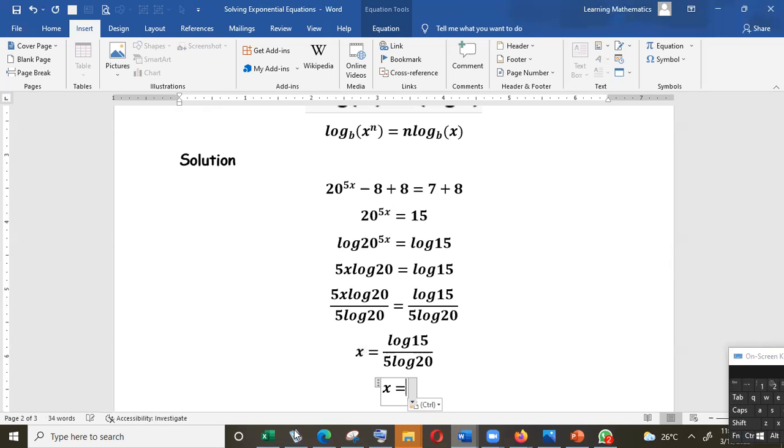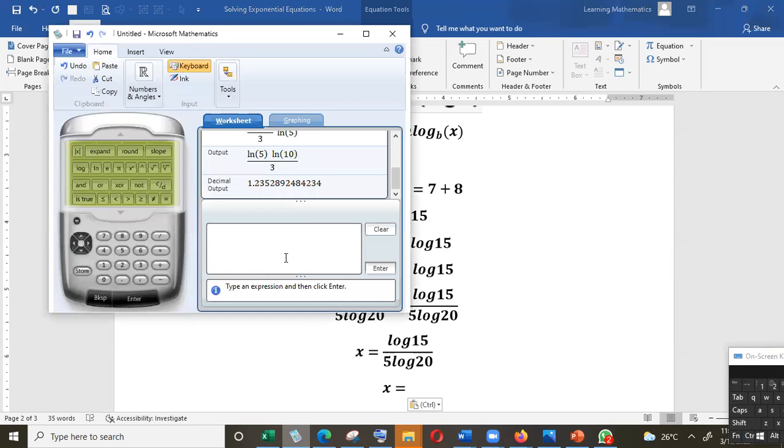What we basically have now is log of 15 divided by 5 times log of 20. Here the function can be typed: log, press tab, open bracket, log of 15, close bracket, divided by 5 times log of 20.